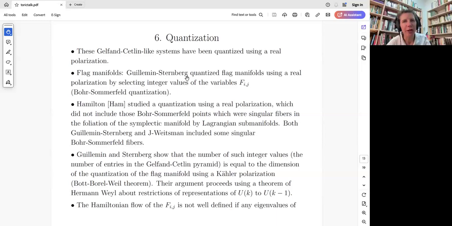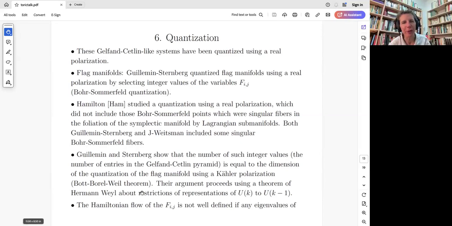So Gelfand and Sternberg quantized flag manifolds using this real polarization by selecting and counting the integer values of these variables. And they show that the number of such integer values is equal to the dimension of the quantization of the flag manifold using a Kähler polarization.